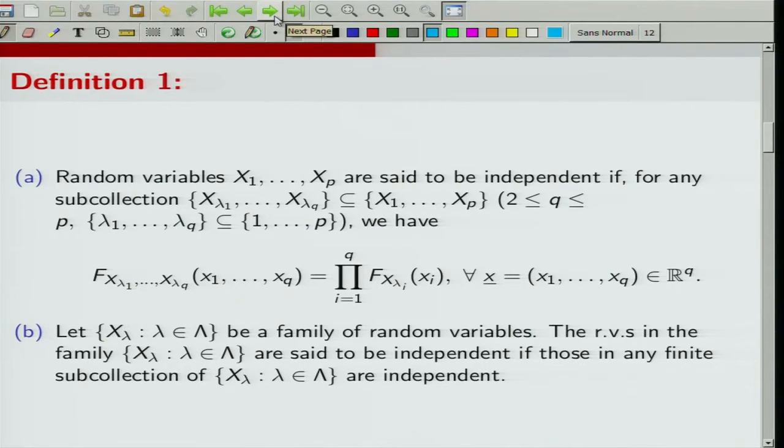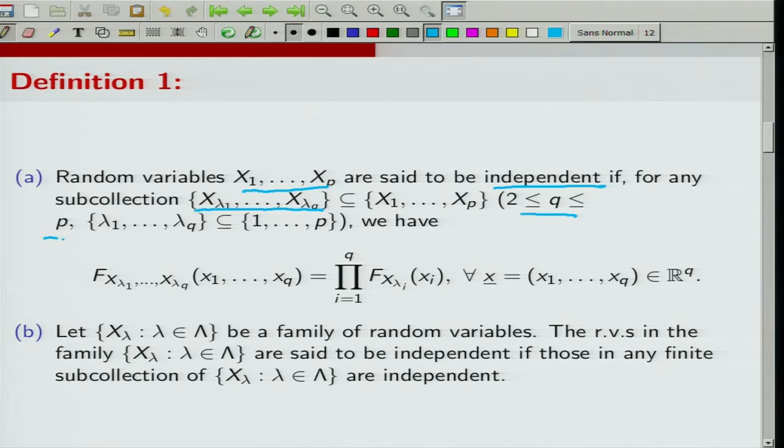Now I introduce the definition of independence of random variables, which is in some sense similar to the concept of independence of events. I will say that these random variables X1, X2, ..., Xp are independent if I take any sub collection of them, call it X_lambda1, X_lambda2, ..., X_lambdaq, where q is from 1 to p.